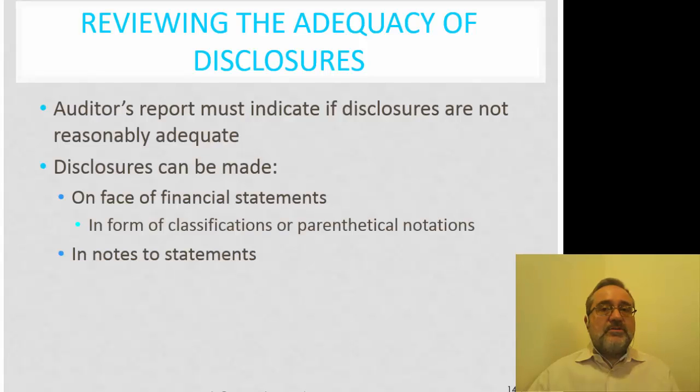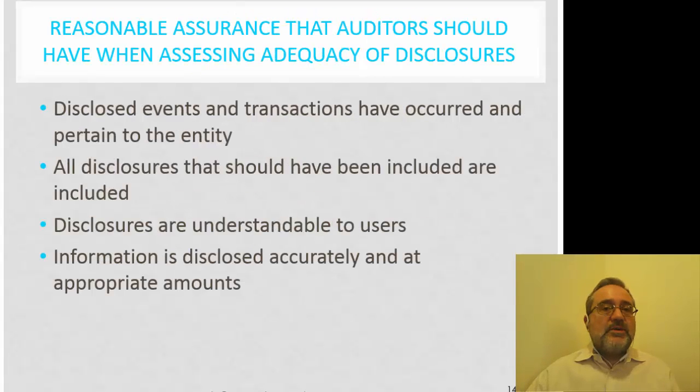Part of our audit is going to be considering the disclosures. We're looking at the disclosures from an adequacy perspective. We want to read the disclosures, understand where this information is coming from, understand the notes, make sure that the information is accurate and complete. We need to have reasonable assurance that the disclosures are adequate.